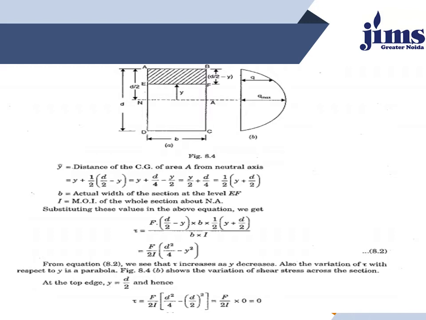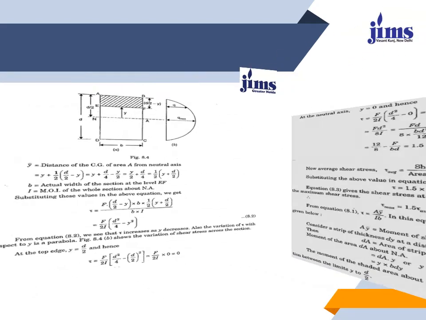From equation 8.2, we see that tau decreases as y increases. Also, the variation of tau with respect to y is parabolic, and at the top, putting y is equal to D by 2, tau is equal to 0.